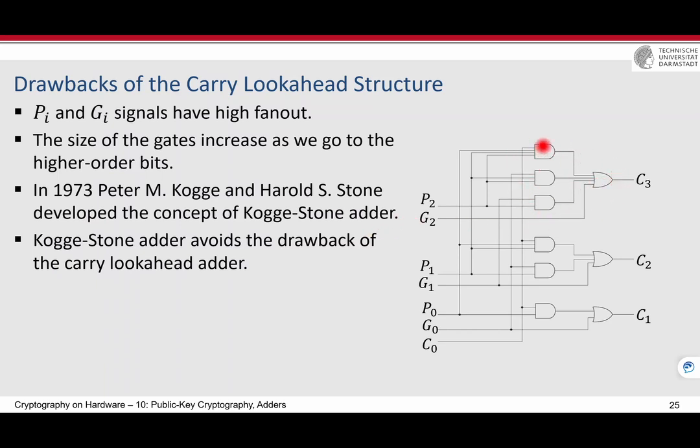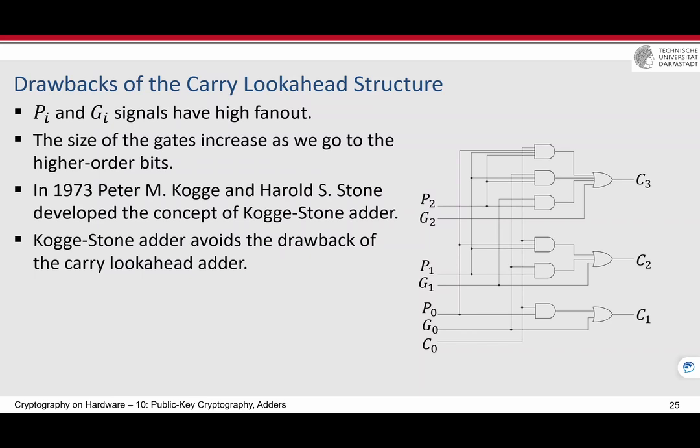The AND gates become larger for the larger steps. For example, with a 32-bit adder, the AND gate needs at least 32 inputs, and the same for the OR gate. For 4-bit or 8-bit it is okay, but for larger than that, it's not really efficient. It becomes slow.